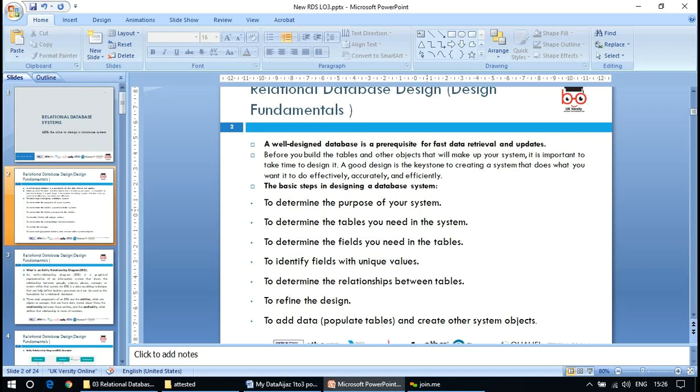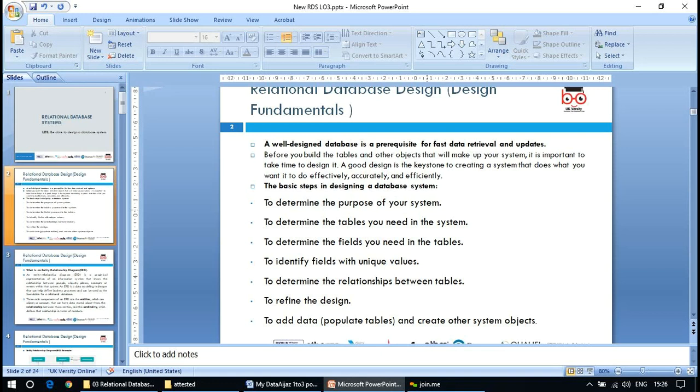Then determine the fields you need in the tables. Obviously, for the fields and columns you cannot add extra, you cannot add too few, but you need to work really smartly. Then identify the fields with unique values.